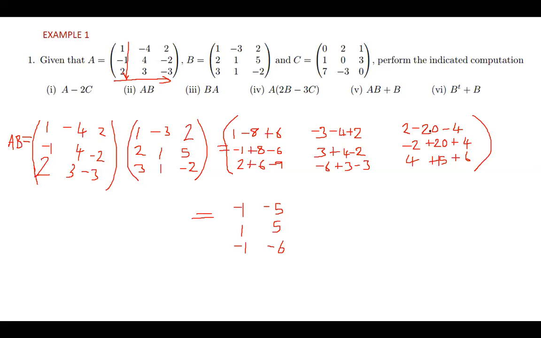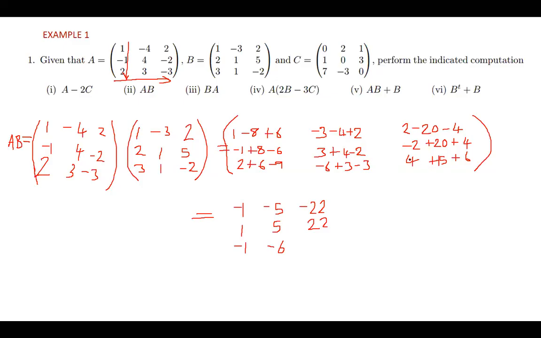So 2 minus 20 is equal to -18. -18 minus 4 gives me -22. Since -2 plus 20, I'm getting 18. 18 plus 4 gives me 22. And then move on to the last row, last column here.